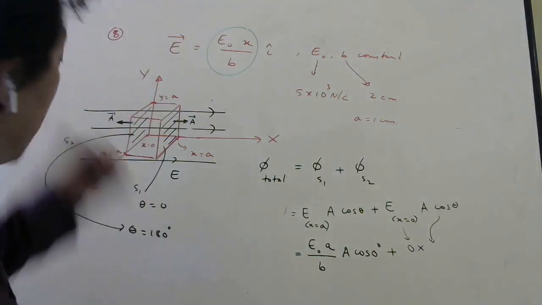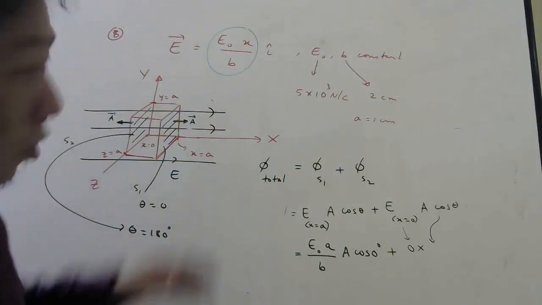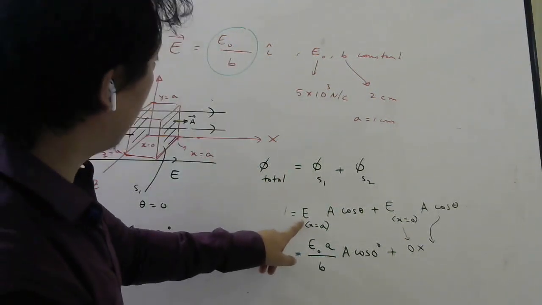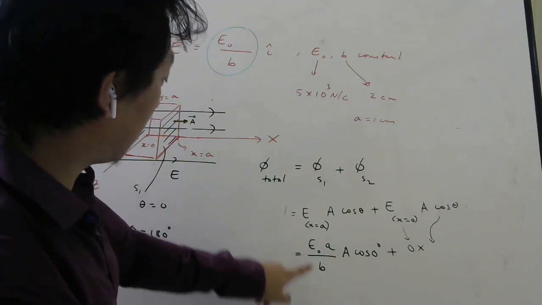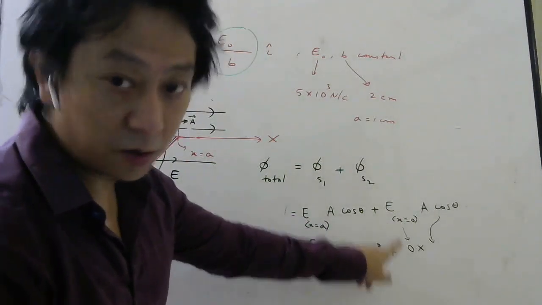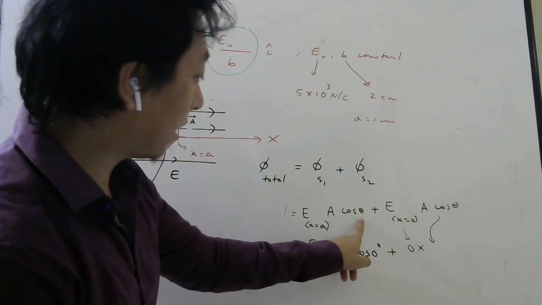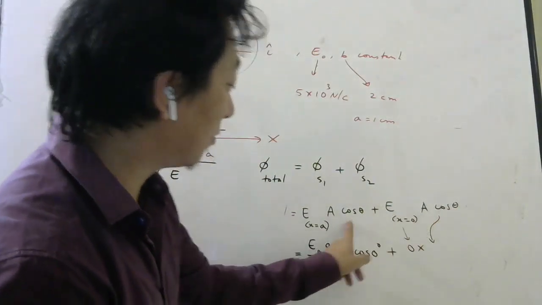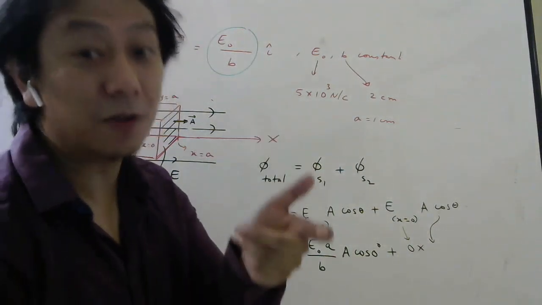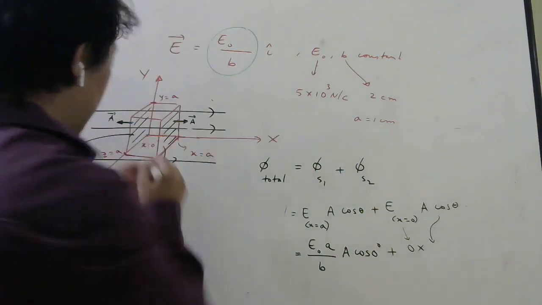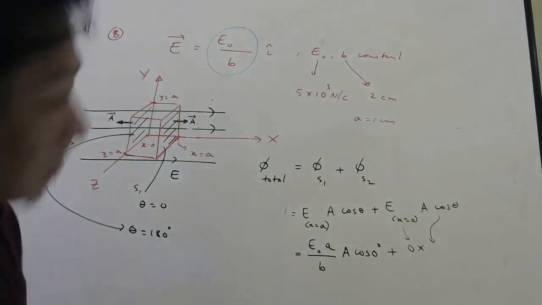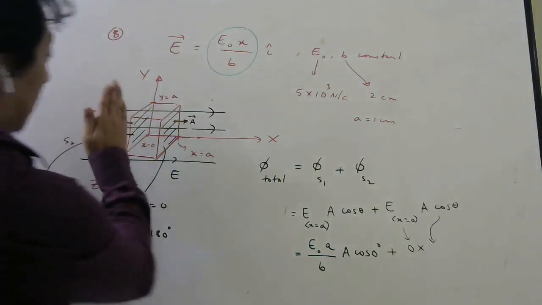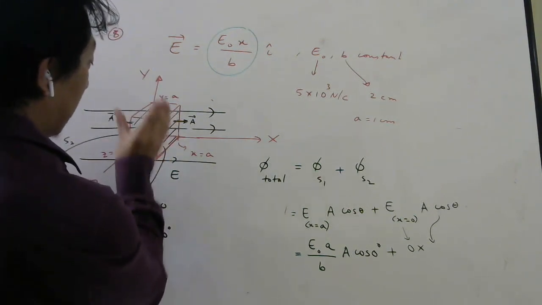Understand one thing. What if the electric field was constant? Suppose this x was not there. Then here also I would write E naught by b, constant. Here theta is 0, here theta was 180. So cos 180 is minus, and this and this will cancel, so the total flux would have been 0. But here it will not be 0 because according to the question, the electric field depends on x, and these surfaces are not at the same x coordinate.